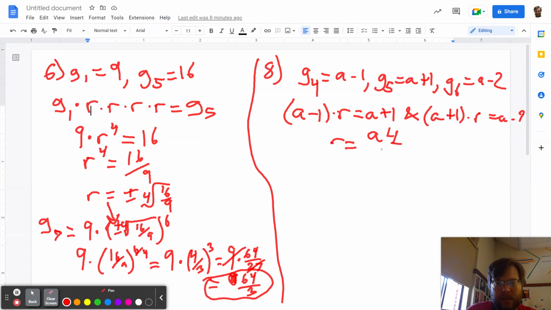So now it's going to start crapping out on me. Okay, so we got a plus 1. This is bad. Why is this not working? A plus 1 over a minus 1.